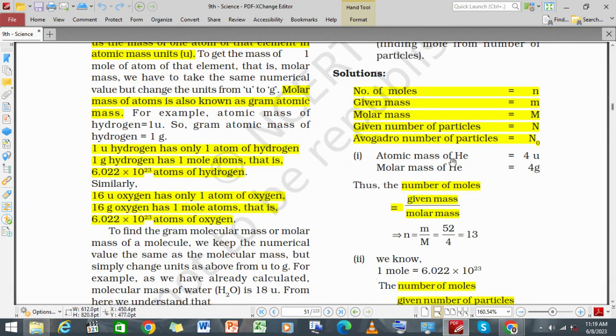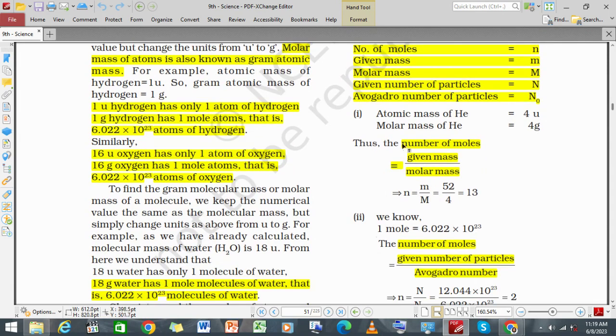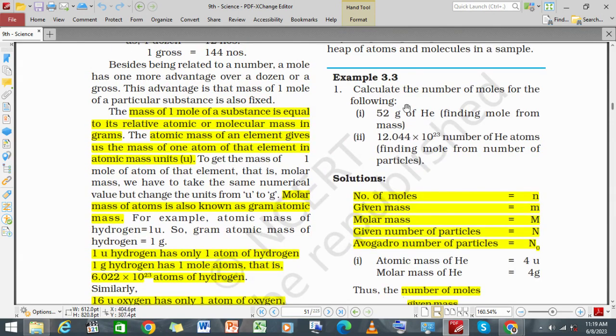Now the atomic number of helium is 2, so its atomic mass will be 4, just double. So the molar mass of helium will be 4 g. Now here is the formula. To find the number of moles, we take the given mass divided by the molar mass. We have the molar mass 4 gram. The given mass in the question is 52 grams.